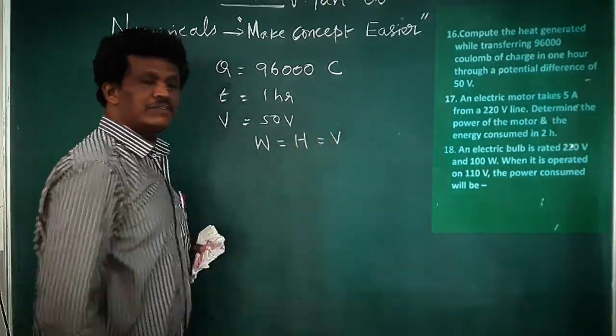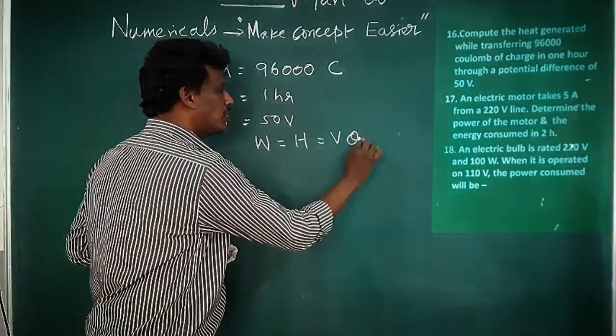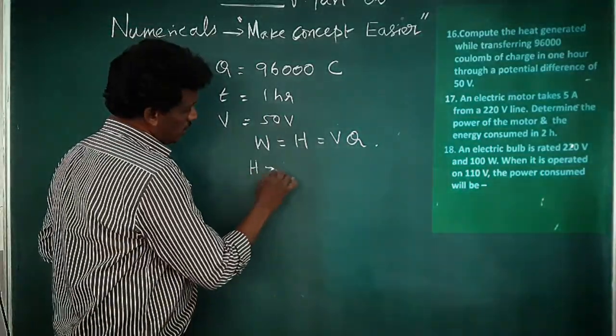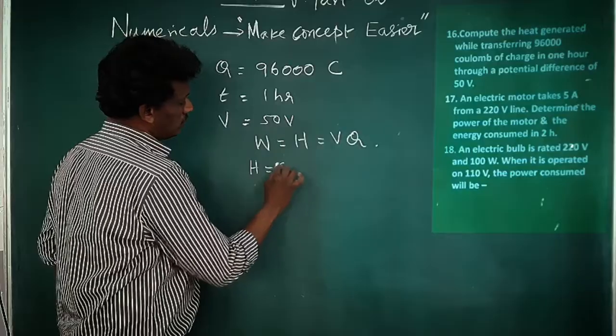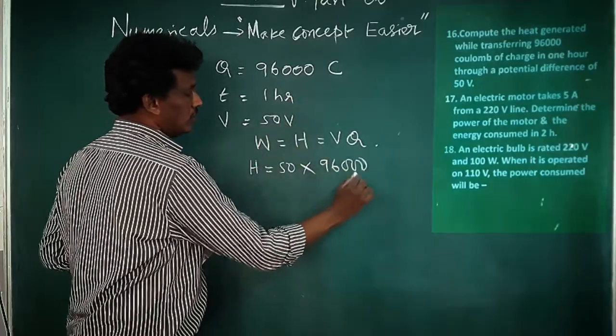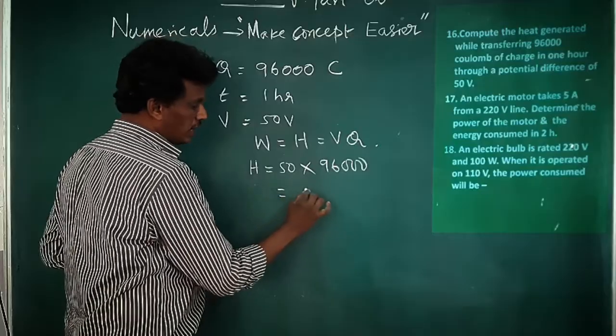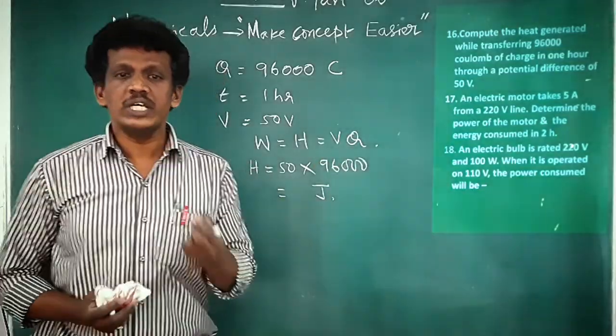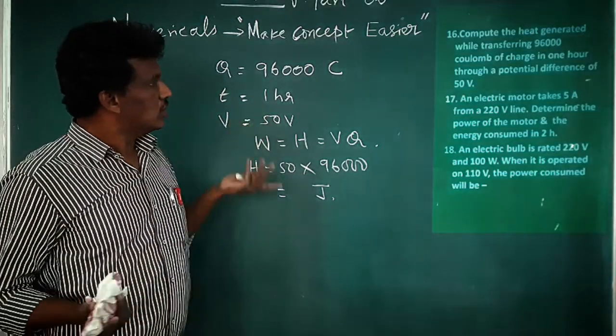So for the work done, V is the potential difference and Q is the amount of charge. So heat equals V into Q, that is 50 into 96,000. The answer will come in joule. That's all. Then what is the role of time here?